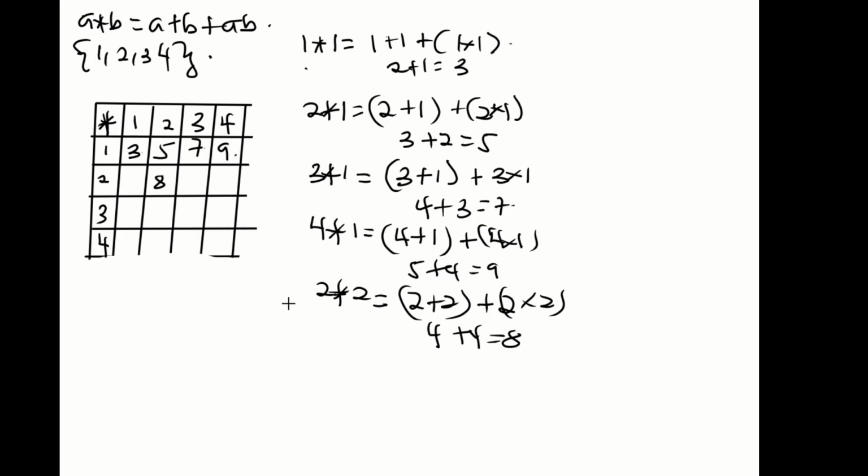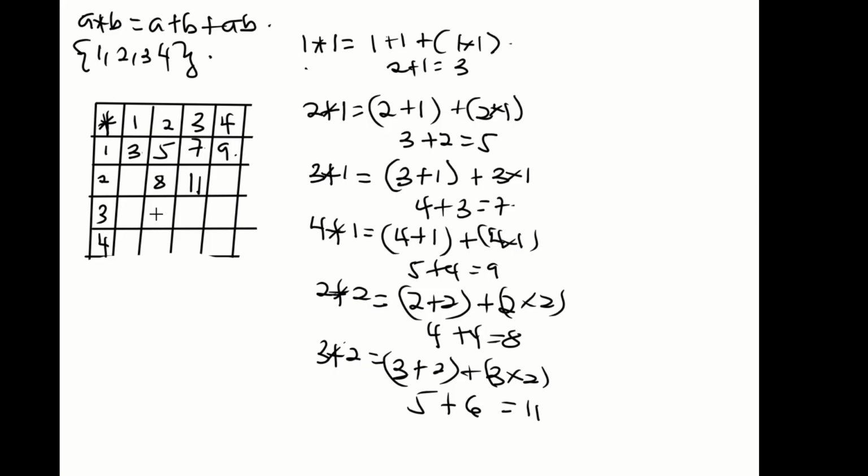Then let's look at 3 operation 2. 3 operation 2 is 3 plus 2 plus 3 times 2, which is 5 plus 6, and this is 11. So here 3 operation 2 is 11.